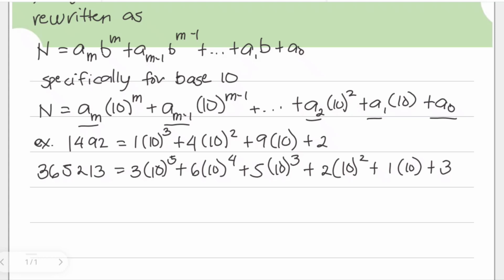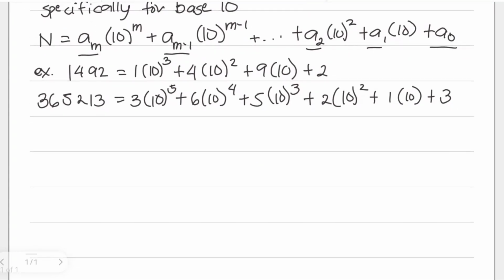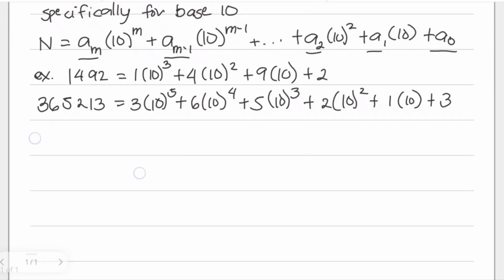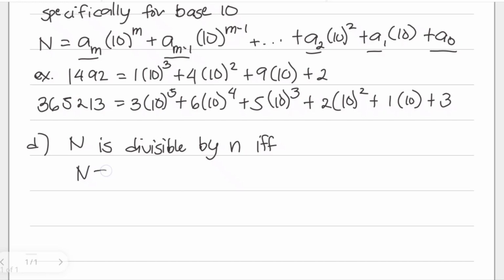And the last background concept that I would like you to highlight, this is D, the fourth one: an integer N is divisible by small letter n if and only if N is congruent to 0 modulo n.